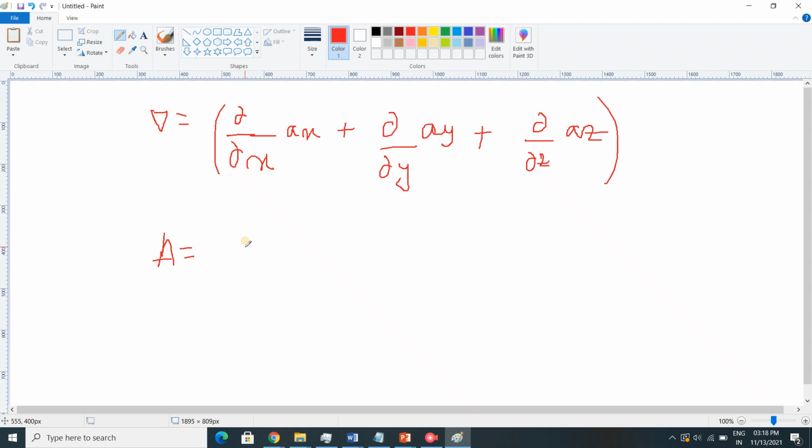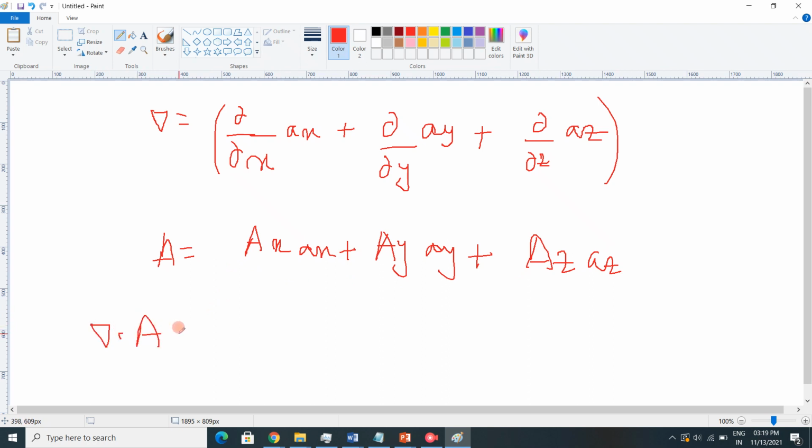And A was the vector, which was ax unit vector x plus ay unit vector y plus az unit vector z. If you find the dot product between these two, what do you get?